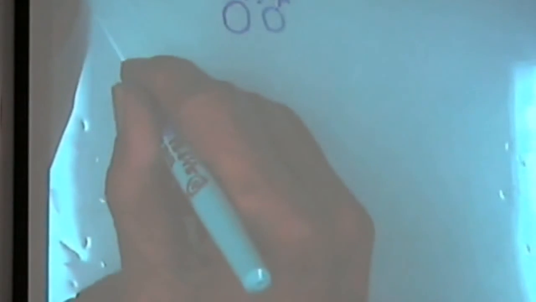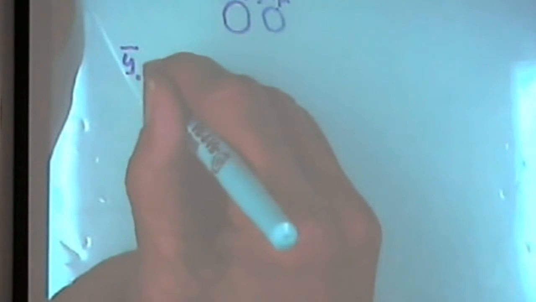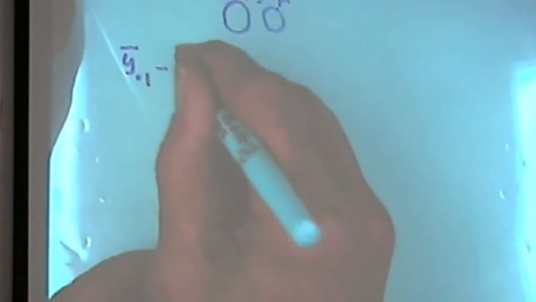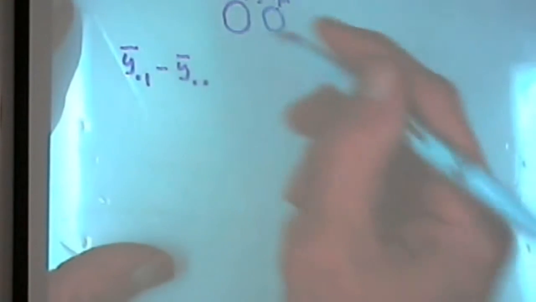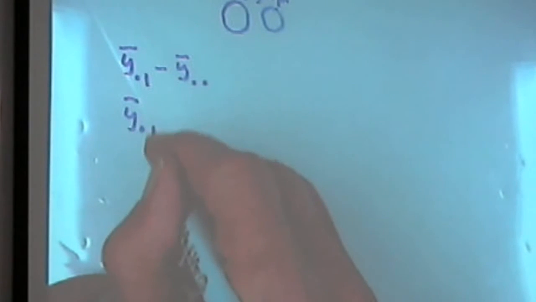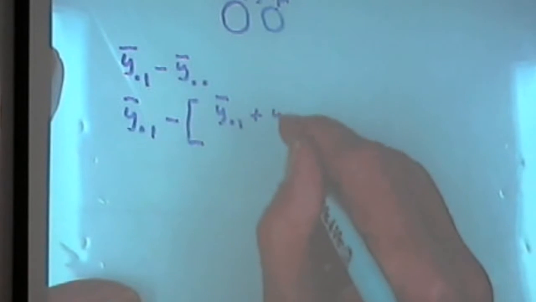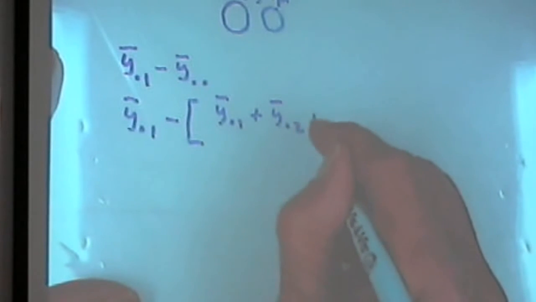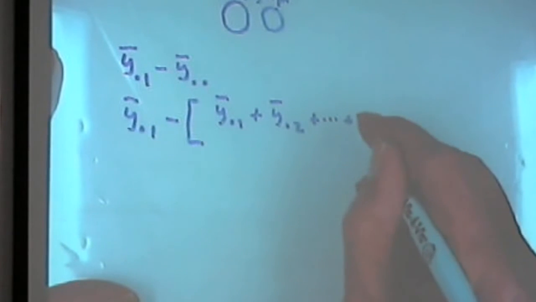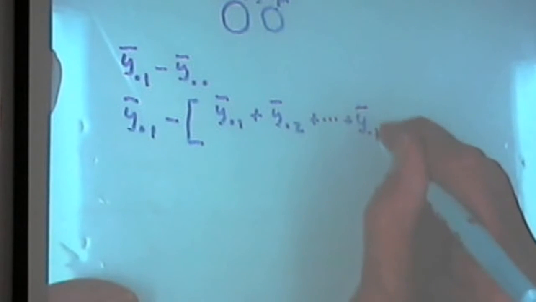So I have to write from scratch here again. Let's do the case of just the first one: y bar dot 1 minus y bar double dot. So this is going to be y bar dot 1 minus the quantity y bar dot 1 plus y bar dot 2 plus etc. to the last one, y bar dot k, all divided by k.